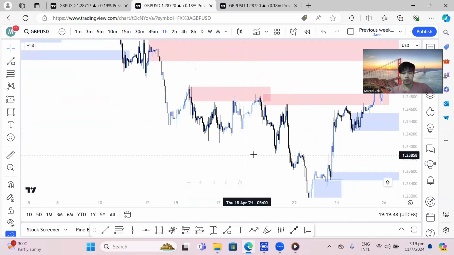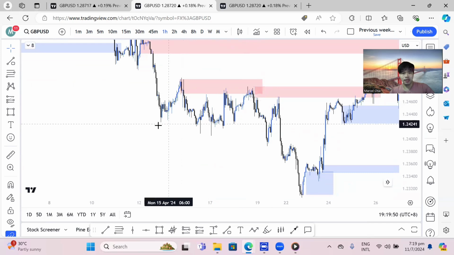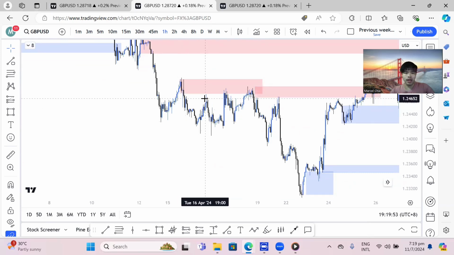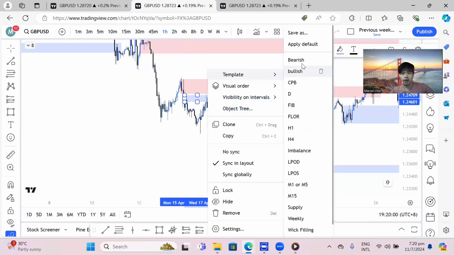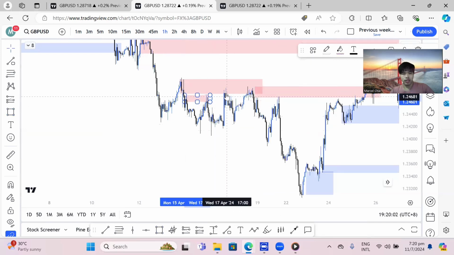Okay, so you can see that over here, even though there's some sort of reaction, this zone technically did respect this level of supply, the bearish order block here as well. So this ultimately swept this liquidity to tap on this order block before it came back and touched again, before it broke again.